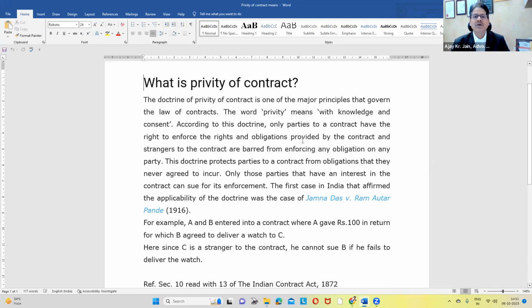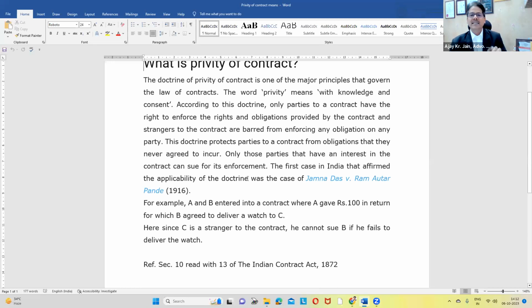According to this doctrine, only parties to a contract have the right to enforce the rights and obligations provided by the contract, and strangers to the contract are barred from enforcing any obligation on any party. This doctrine protects parties to a contract from obligations that they never agreed to incur. Only those parties that have an interest in the contract can sue for its enforcement.